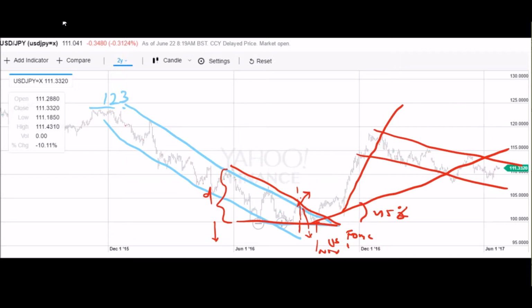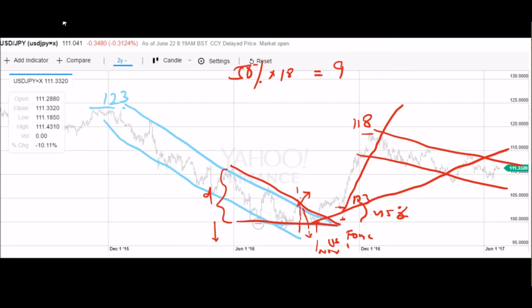However, we see something quite interesting in 2017 to date. We see that the dollar yen moves from 100 to roughly 118 quite rapidly, and has retraced 50% of this move. 18 yen, 50% of 18 yen would be 9 yen, and this is roughly 103.